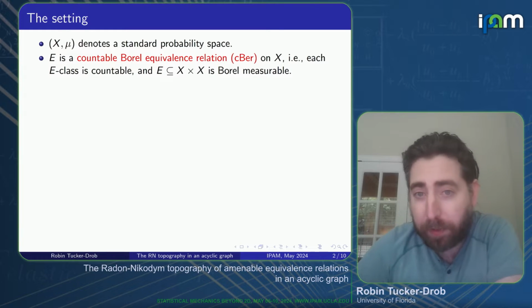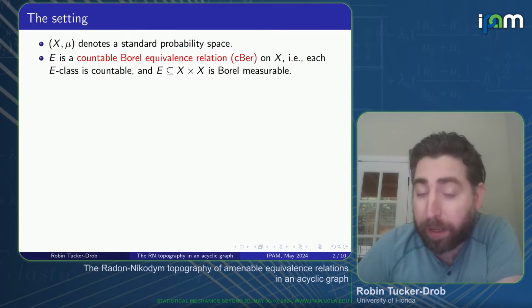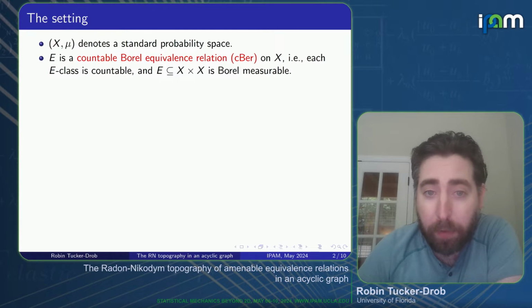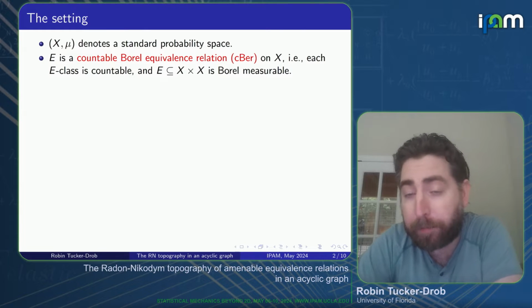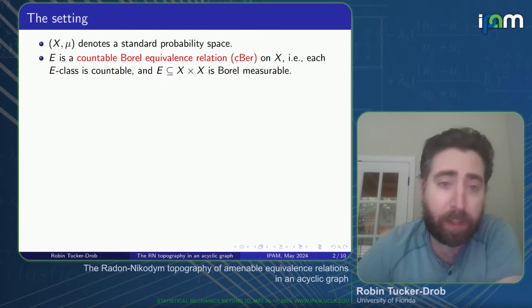Often the way E is going to arise is as the relation of two points being equivalent if they're in the same connected component of some graph that you were handed, or if they are in the same orbit of some group action that you start with.